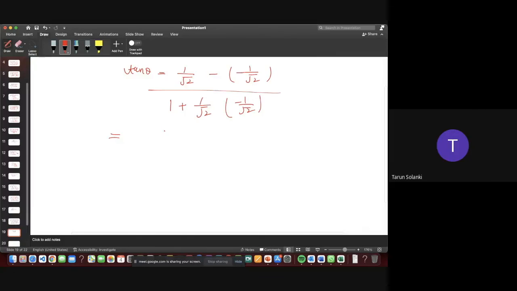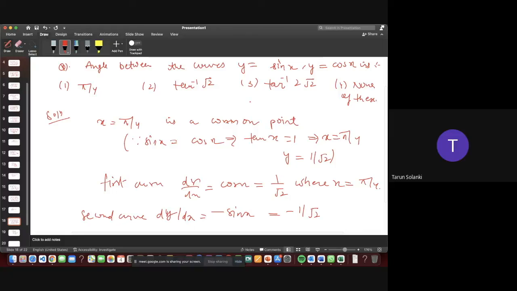So solving, 2 by root 2 divided by 1 minus half, which is equal to 2 by root 2 times 2, so that is 2 root 2. So theta is tan inverse 2 root 2. So from here we can say option 3 is the correct answer. Option 3 is the correct option, right?